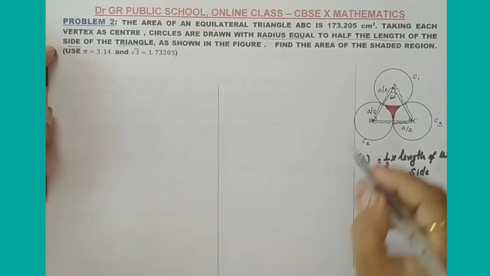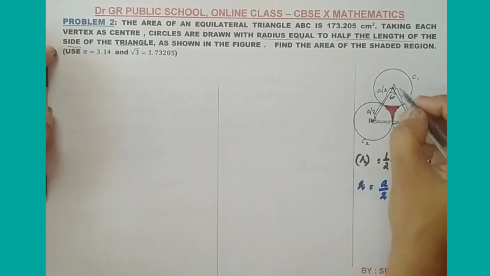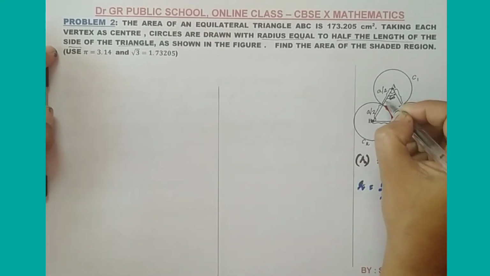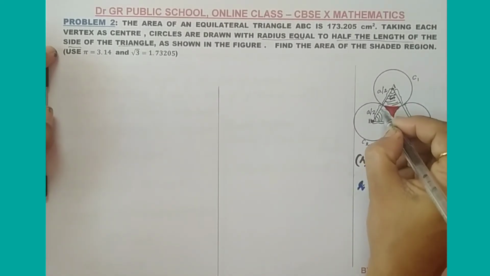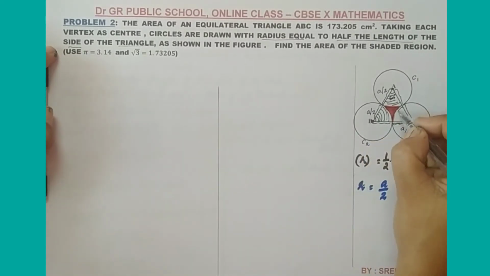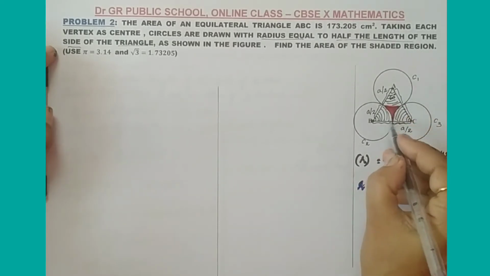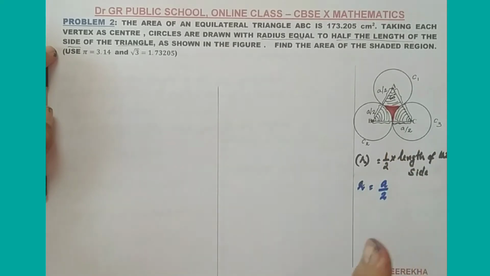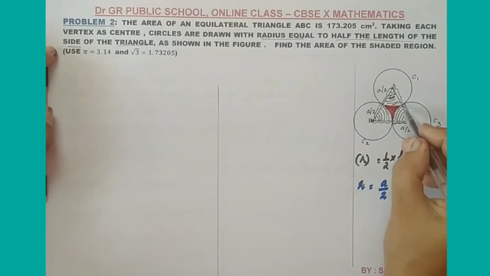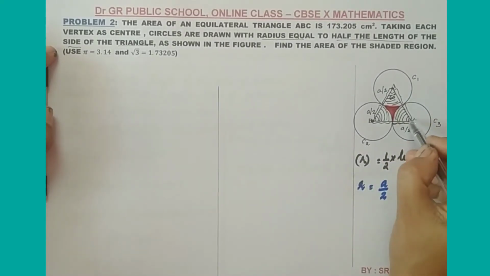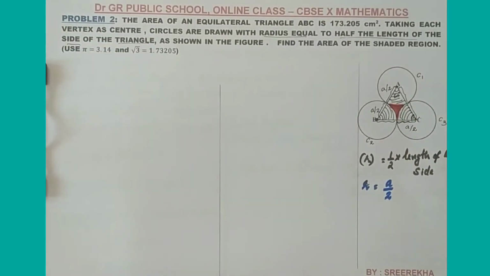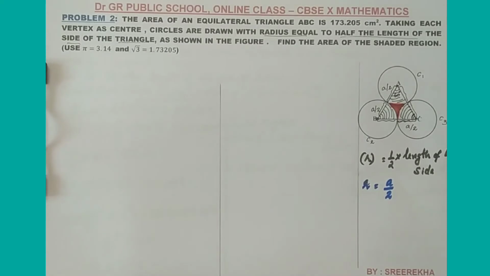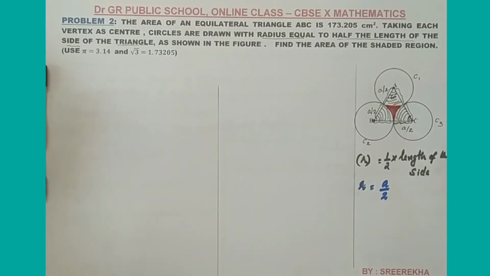From this equilateral triangle ABC, if you subtract this sector area, the second sector area, as well as the third sector area from the full triangle area, you get the shaded region. All the three sectors are similar, having the same radius a by 2 and the same central angle theta of 60 degrees. So if you remove three equal sector areas, you will get the area of the shaded region.